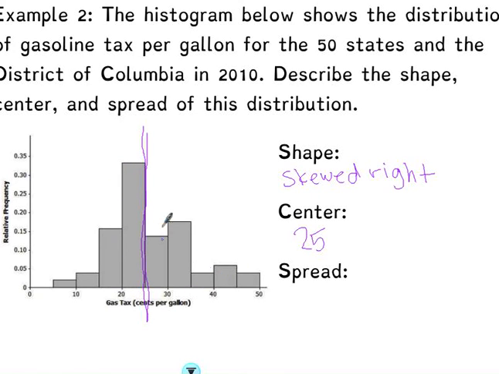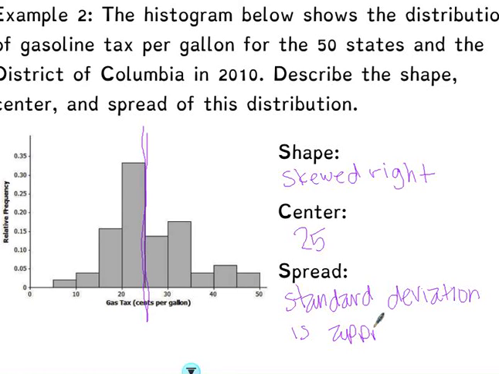Most of the data set on the right is also within this 10 cents per gallon. So I'd say that the standard deviation, or the spread, is approximately 10. Again, this would refer to your judgment on some of these, but as long as your answers are somewhere within these areas, then you do have a pretty good understanding of these.